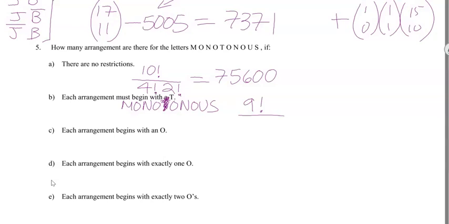That's 9 factorial, but 4 of them are O's, so we divide by 4 factorial. 2 of them are N's, so we divide by 2 factorial. That is going to be 1/10 of the number above, right? Because the number above is 10 factorial, and 10 factorial is 10 times 9 factorial. Either way, just work it out, and you get 7,560.